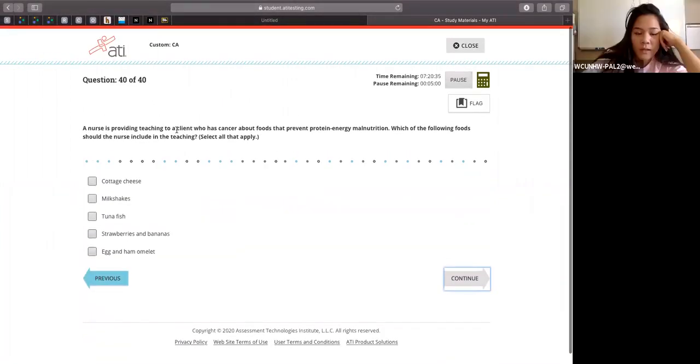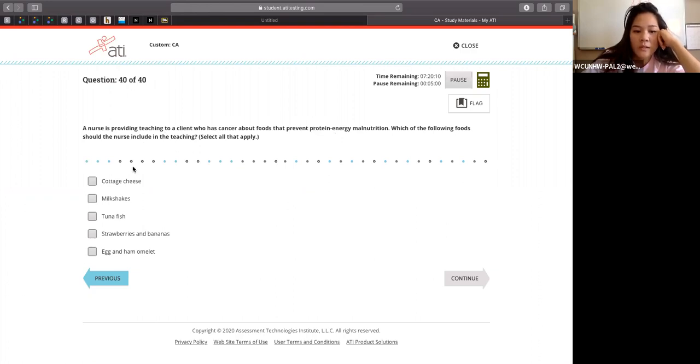A nurse is providing teaching to a client who has cancer about foods that prevent protein-energy malnutrition. Which of the following foods should the nurse include in the teaching? Okay, so prevent protein, prevent low albumin.